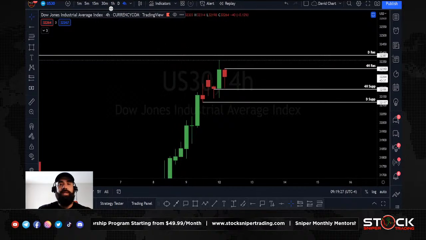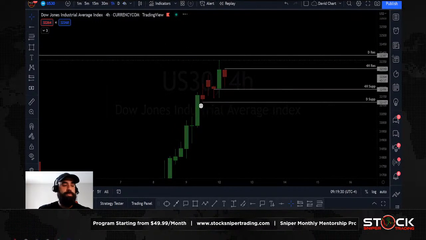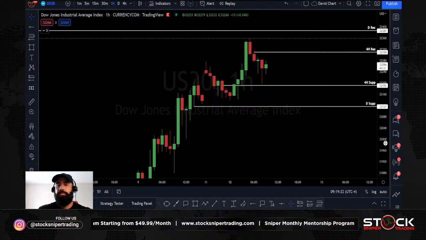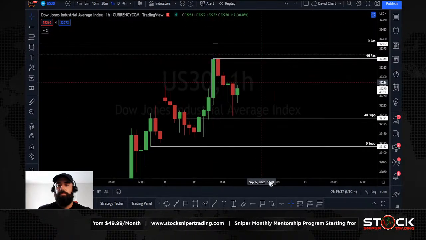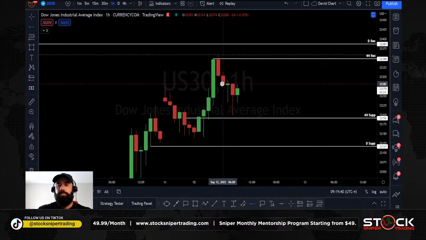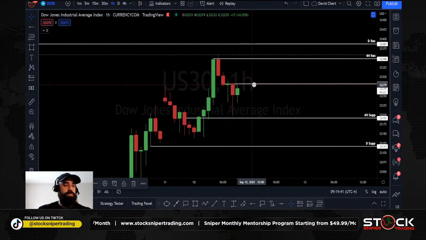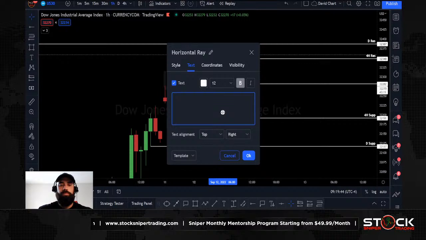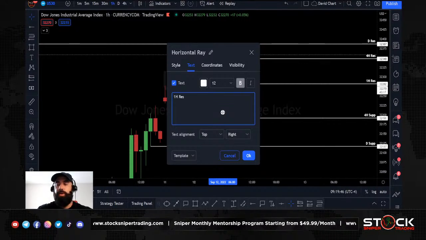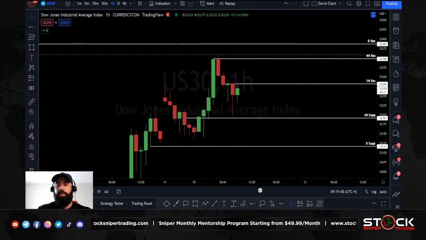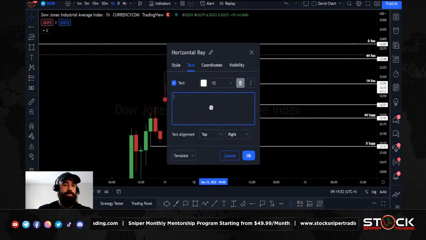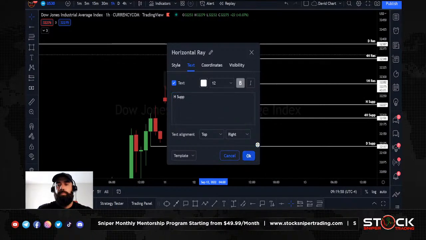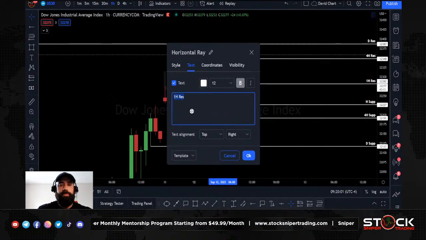Okay, let's take a peek now at our 1-hour. One-hour resistance here. Let's get some 1-hour support coming in at the bottom candles to the left. I don't know why I put 1 hour there, guys. Sorry.